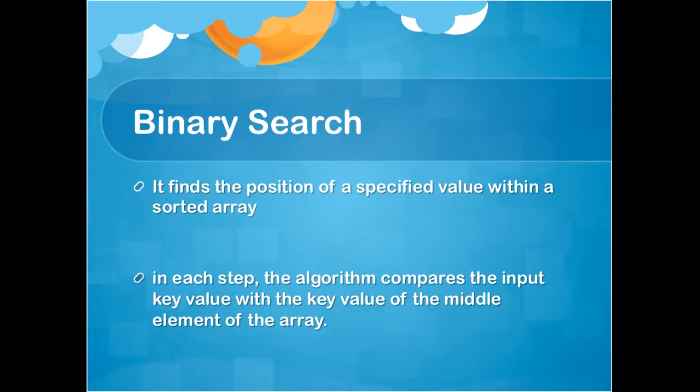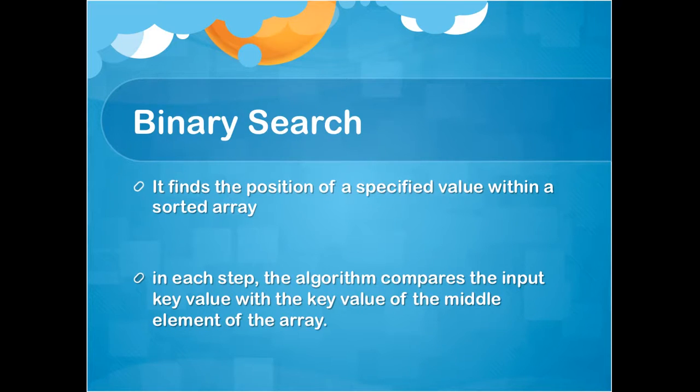First thing. Then, in each step, the algorithm compares the input key value with the key value of the middle element of the array. So first we calculate the middle index of the array, and then the algorithm compares the input key, the value we want to search, with that middle element.